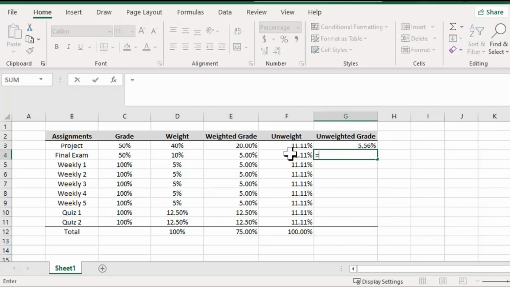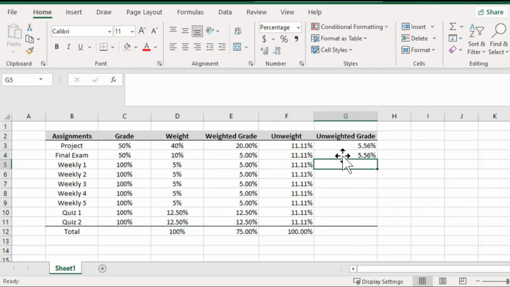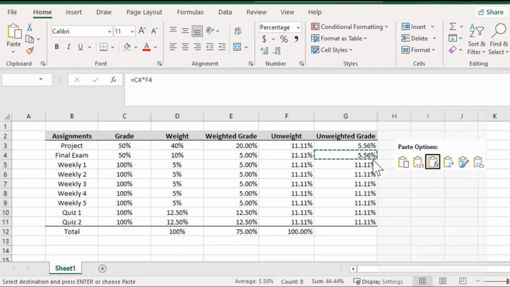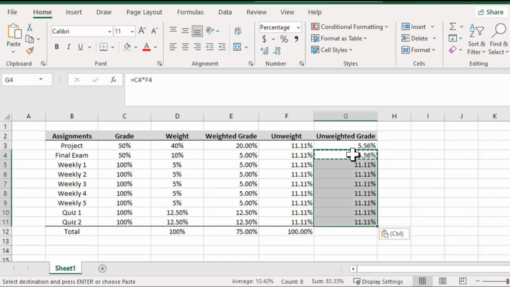And similarly, we'll take our grade, multiply it by our unweight. And so you can kind of get the idea of what we're doing. We'll copy this formula down as well. And in each of these cases, we scored 100%, and all of our unweighted grades are presented here.